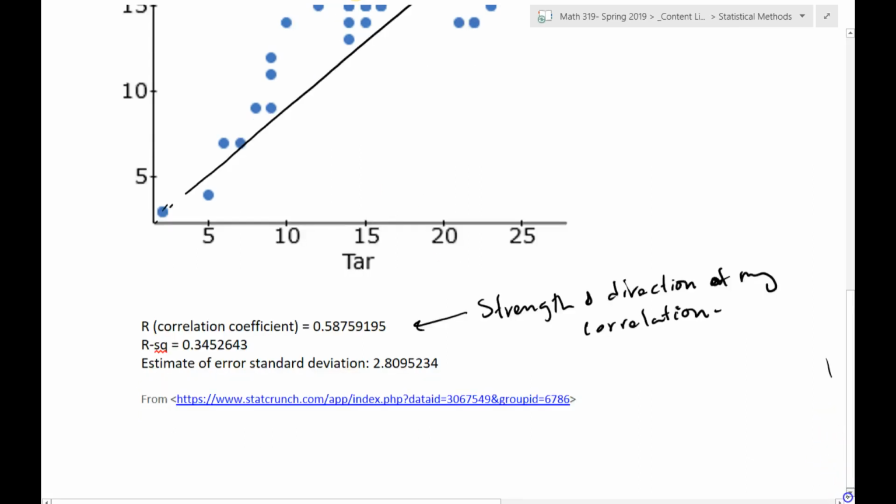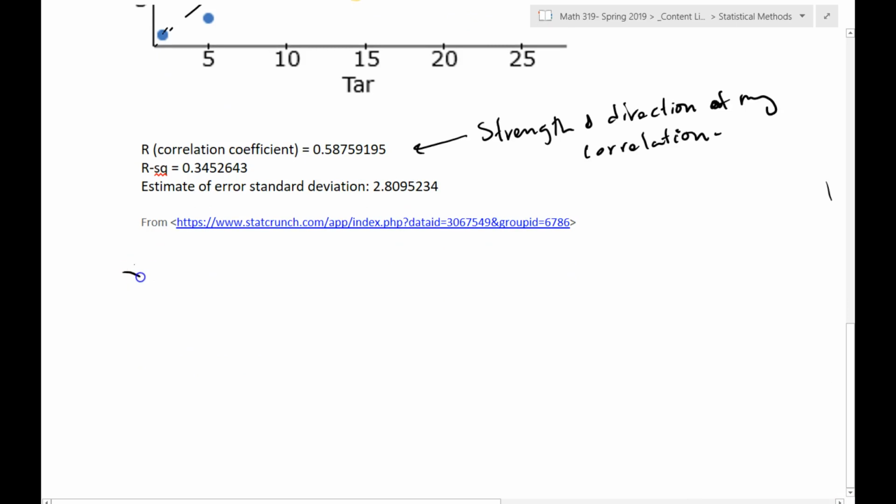First, let's talk about its direction. Positive R is a positive correlation. A negative R is a negative correlation.